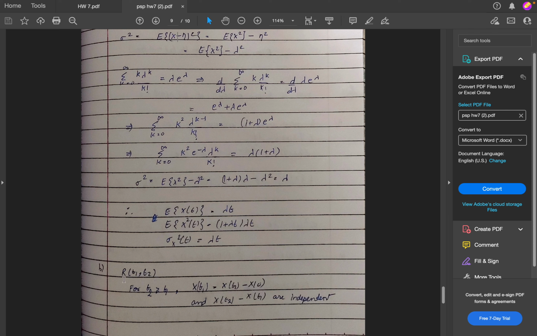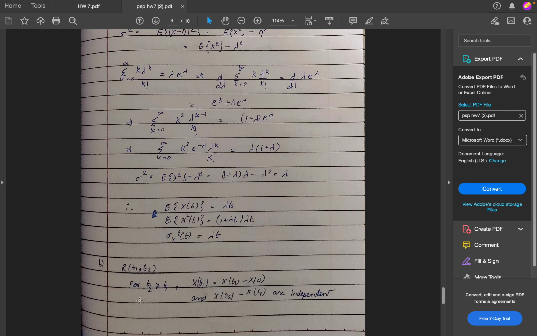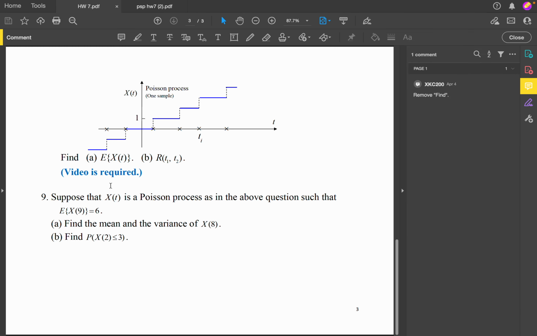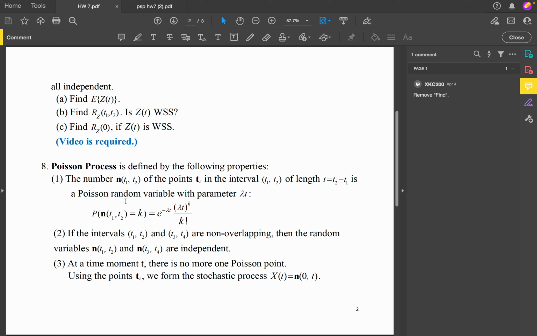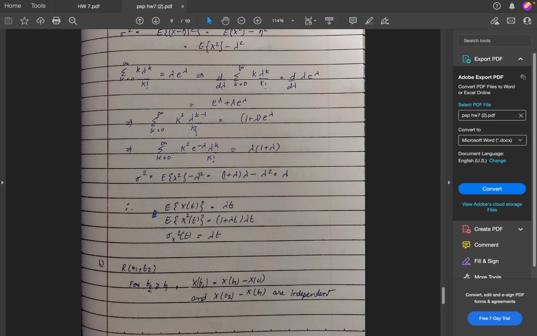We have to find R(t1, t2). Now we'll consider two cases. For the first case, we will take t2 greater than or equal to t1. We can see that x(t1), which equals x(t1) minus x(0), and x(t2) minus x(t1) are independent.